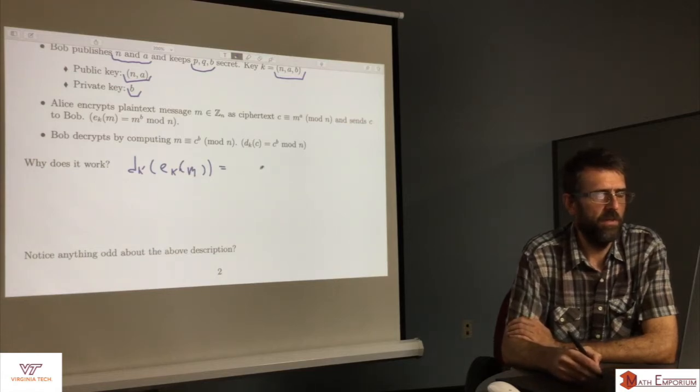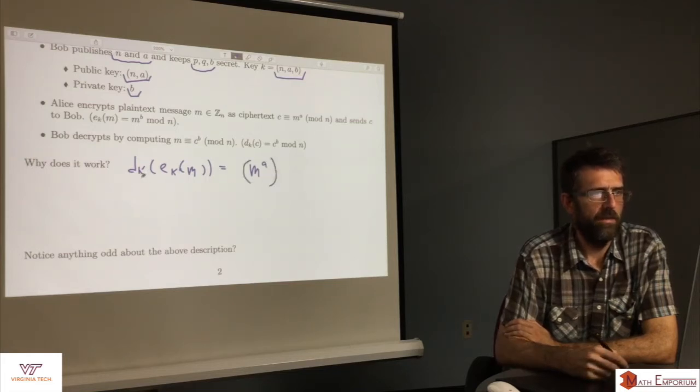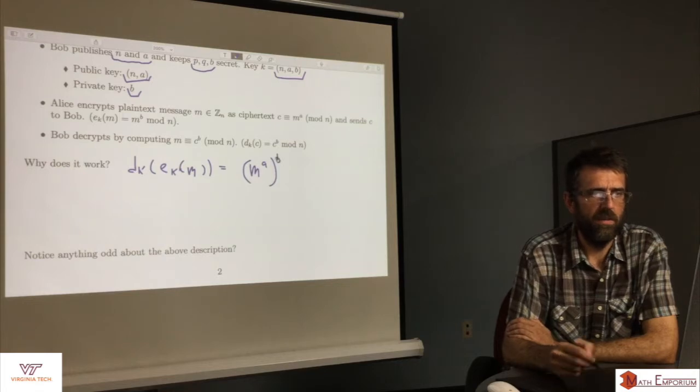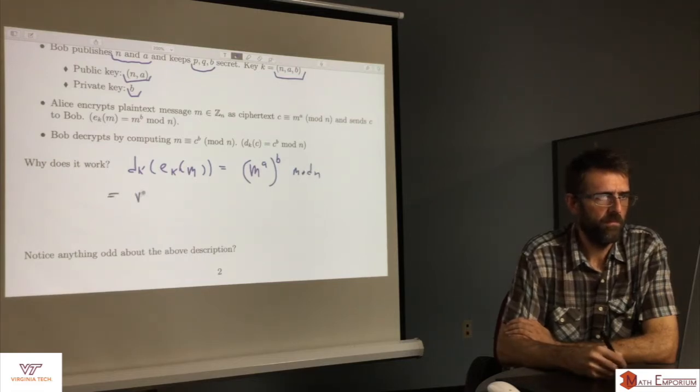Encryption is M to the A. Decryption of that, even though it's the same key, the key has public and private components, and we would be using the private component as the decryption exponent, so that'll be the B. So this will be M to the A to the B mod n, which is just M to the AB mod n.